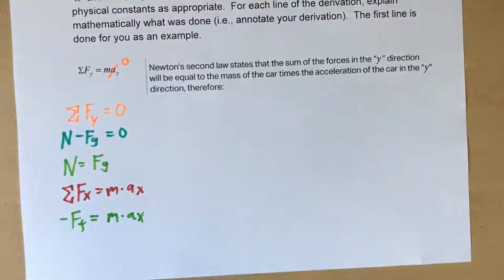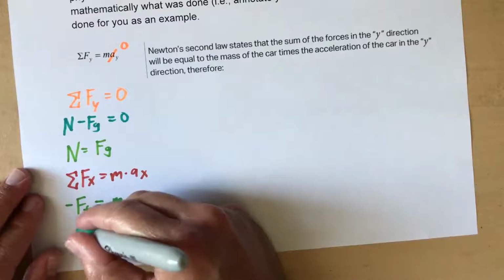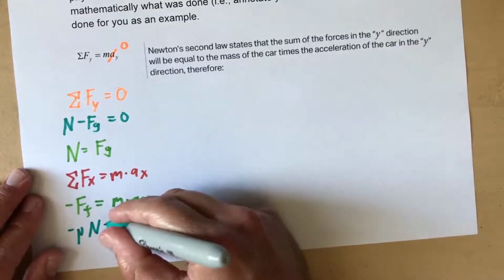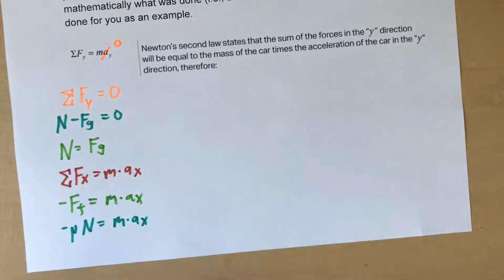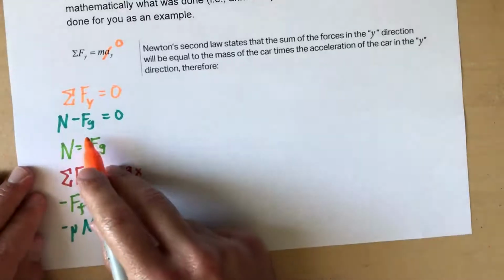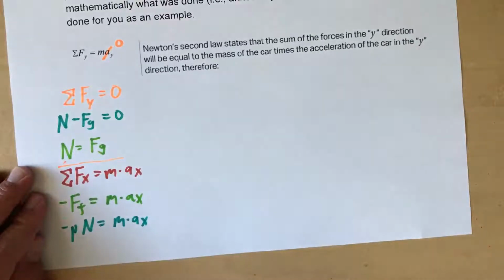Now substitute in for what force of friction is equal to. The force of friction is always equal to mu times the normal force, and that's going to equal mass times the acceleration there. Then let's plug in for normal force from what we just said up here. We said that normal force is equal to the force of gravity.